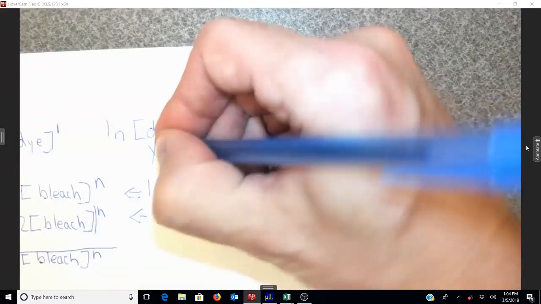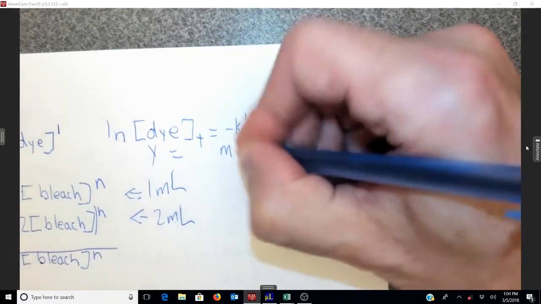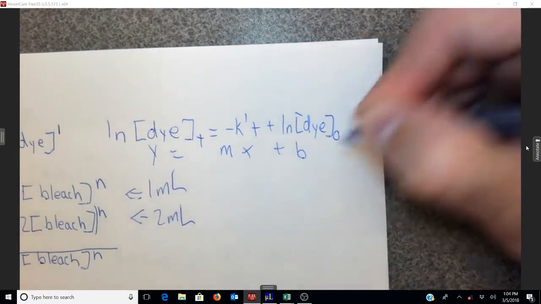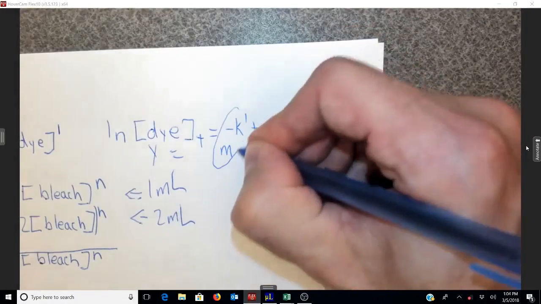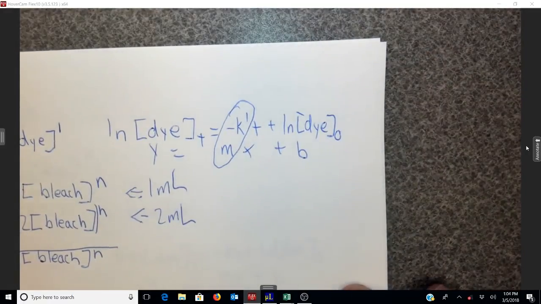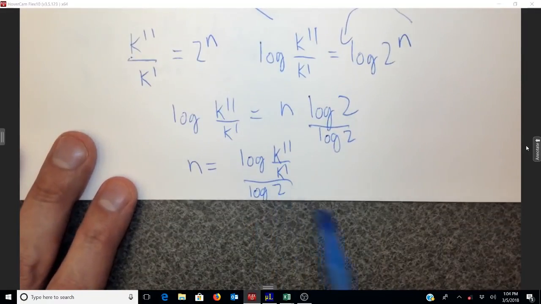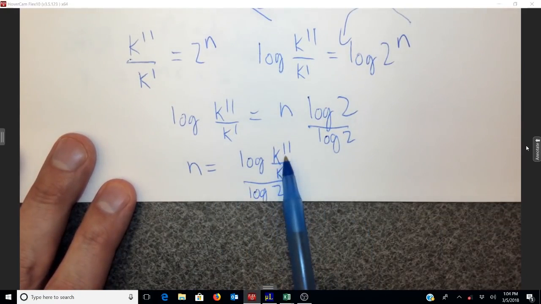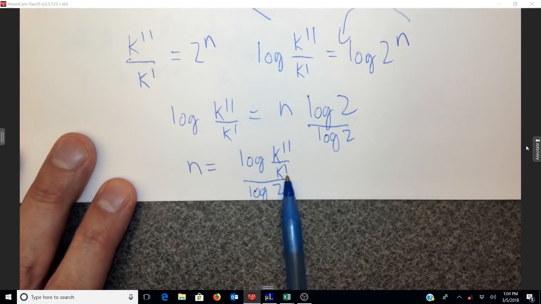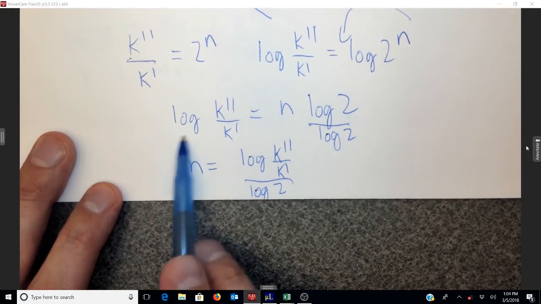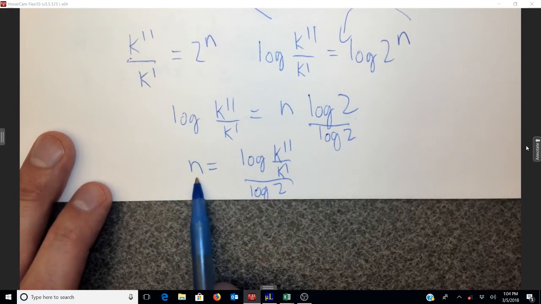And remember, this is y equals mx plus b. Said another way, the slope is K prime. So if we run this again with twice the amount of bleach and we find the slope of the line, that'll give us K prime prime. We already have K prime. We just found the slope of that original line. If we divide those things, take the log and divide by log 2, we can find the reaction order with respect to bleach. The math here is complex.